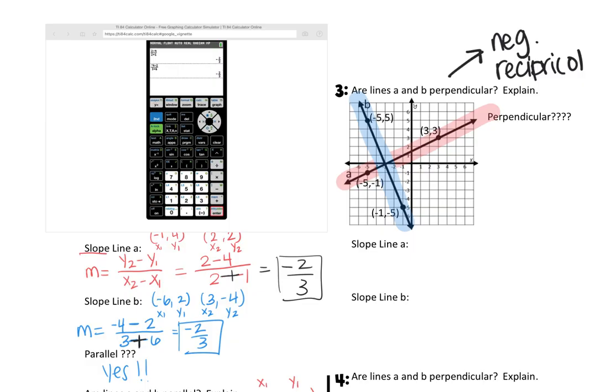So let's start with line A. We have (-5, -1) as the first point, and this is x1, y1. My second point is (3, 3), and this is x2, y2. All right, so my formula says m equals, and let's plug it in.